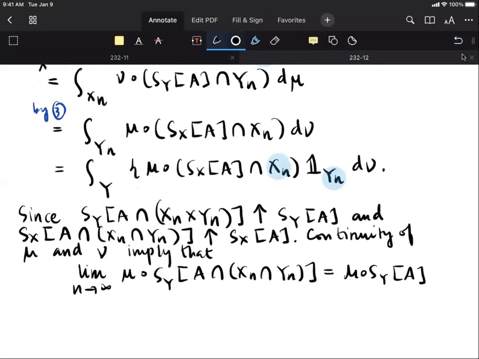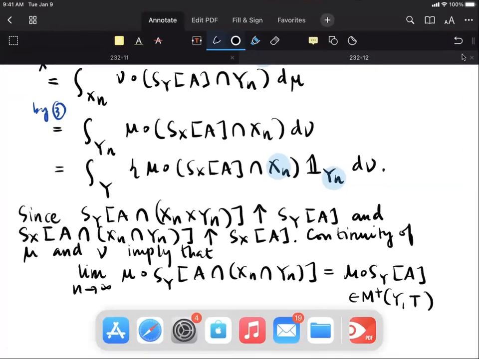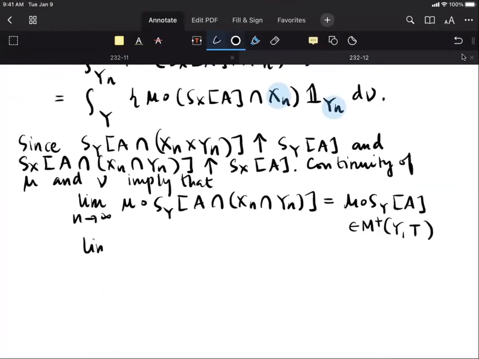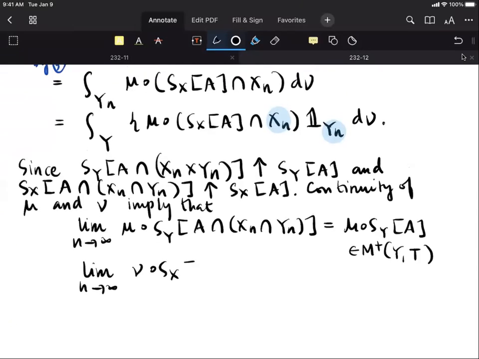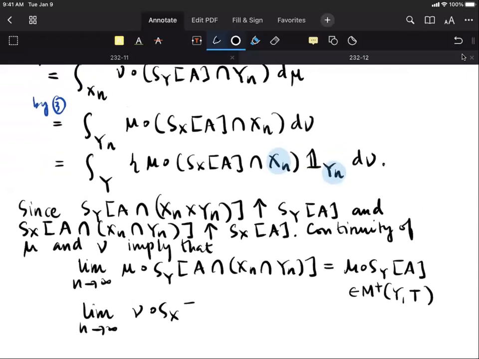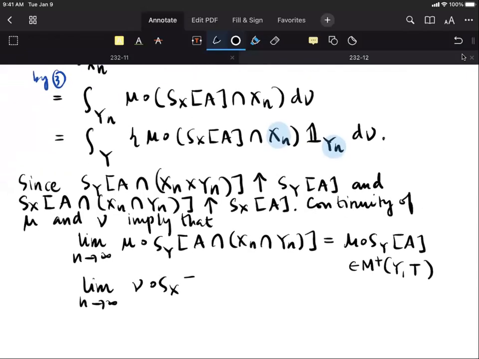Okay, so we said that each of these is non-negative measurable. Therefore, this is also non-negative measurable, and this would be with respect to y. And we do this also for the other function, the section on x.